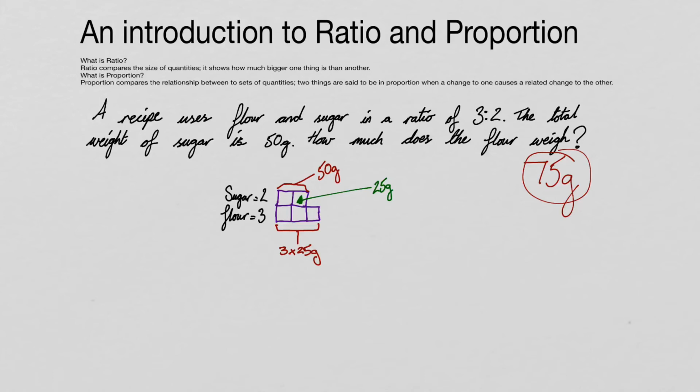The reason that this is important to note is that not only can we use ratio to work out this part if we know this part, we can also use ratio to work out, if we know what this total is, what one of these parts would be. I'll show you what I mean.